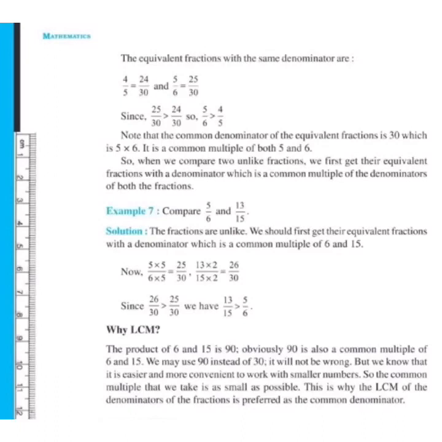We will compare the numerators. And here the numerator 26 is greater than 25. So children, 26 by 30 is greater than 25 by 30. And we have which unlike fractions? 13 by 15 and 5 by 6. So 13 by 15 is greater than 5 by 6.